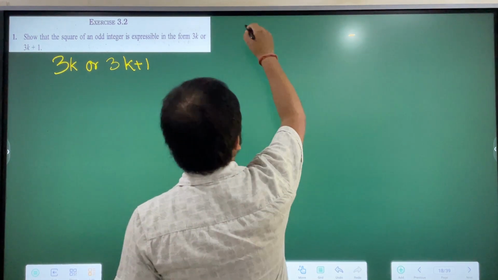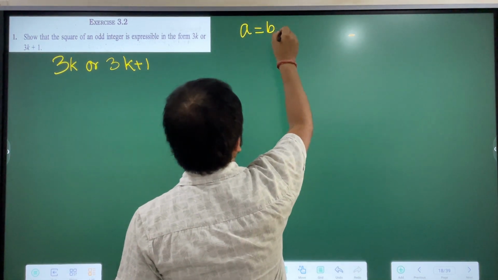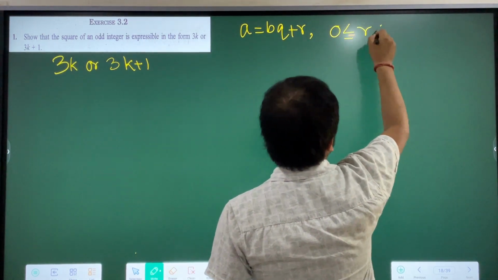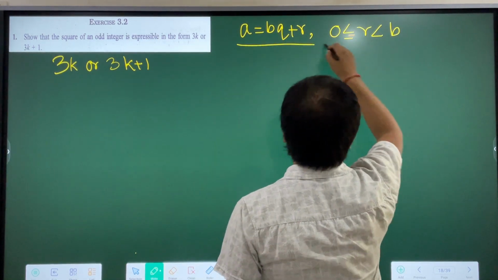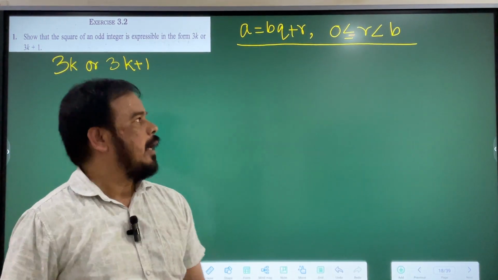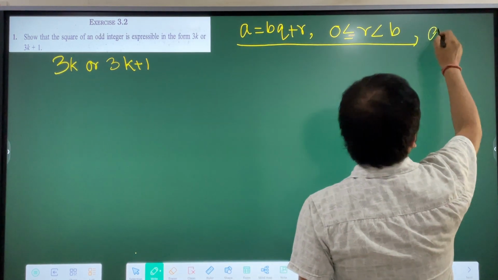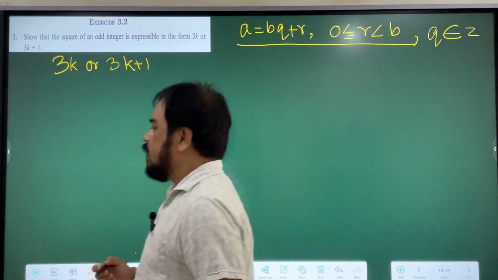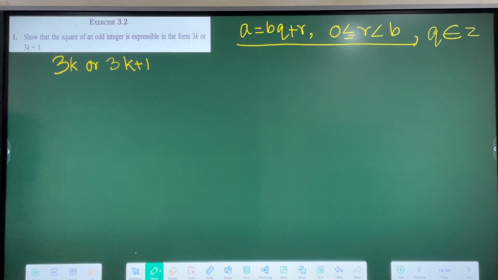So as I have already explained, a is equal to bq plus r, and these two conditions you have to remember always for exercise 3.2. And of course q is always an integer, that you have to remember always for all the sums of exercise 3.2.